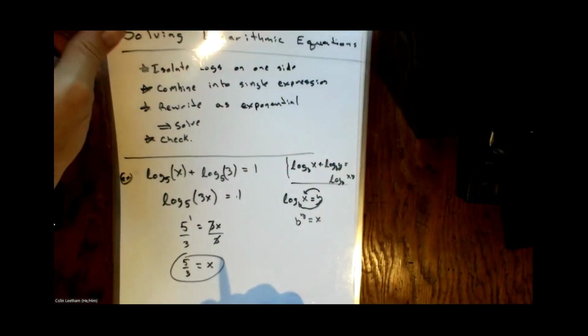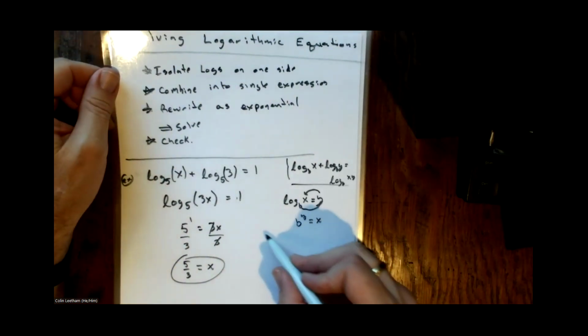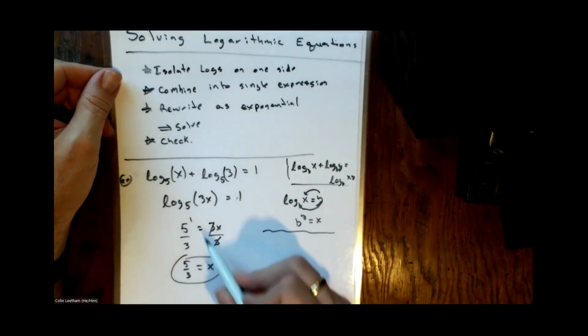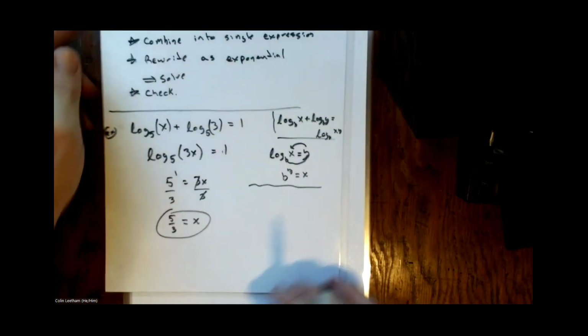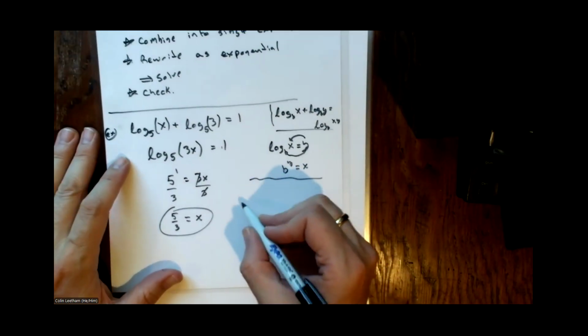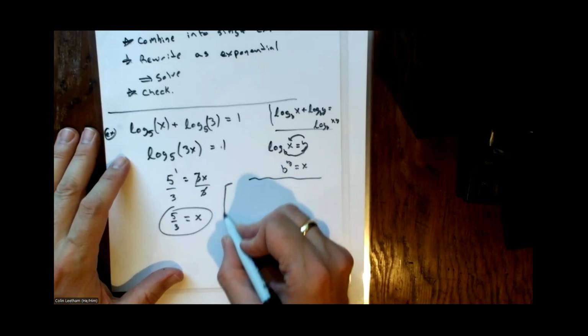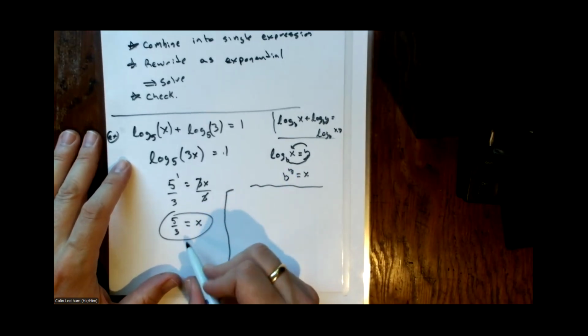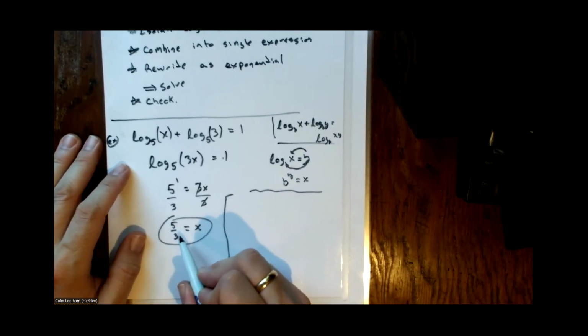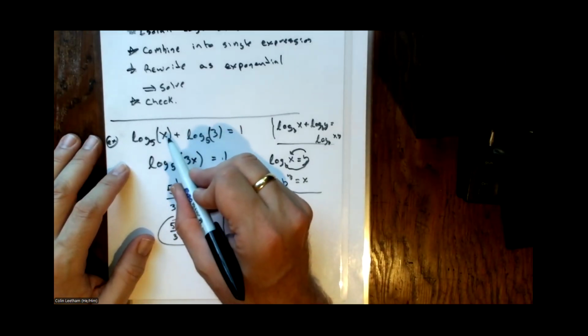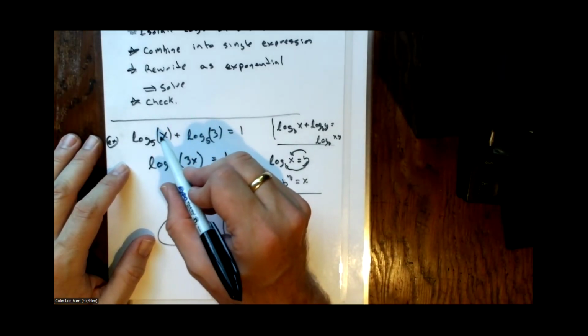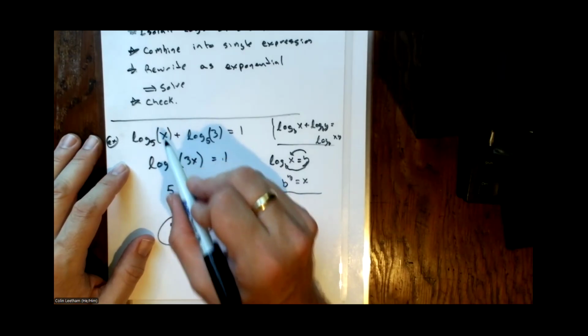Now, if I were checking this, I would just plug this in for my x, and we're going to see something interesting happen. Part of what we're checking for is, remember, we can never take the logarithm of a negative or a 0. So this value always has to be positive.